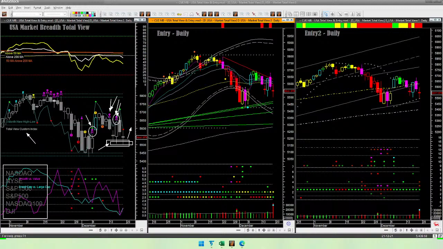I also wanted to look at the custom index, market breadth total view, using the usual Q entry charts. And here I see there are many trend line supports, plus a bullish headwind at this level. That is one reason I think market may find support and probably go up, at least in some category of stocks.